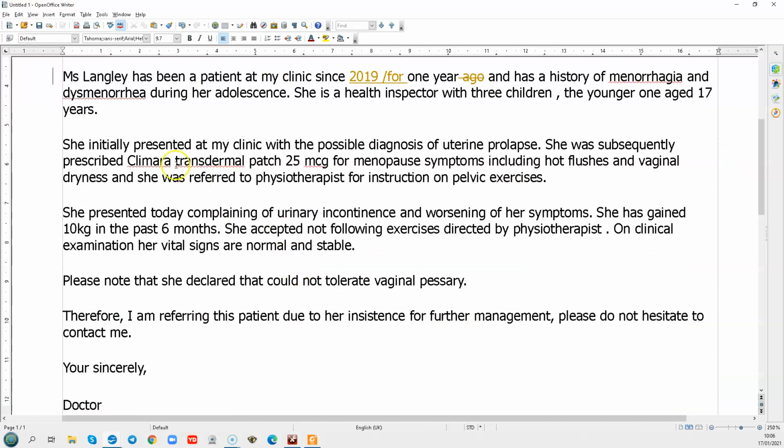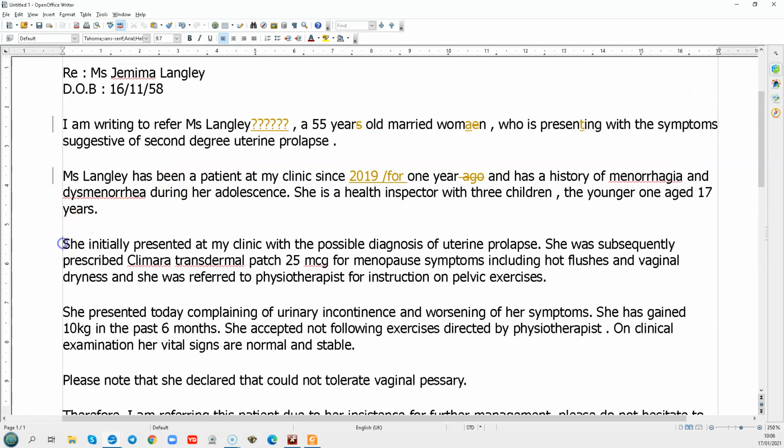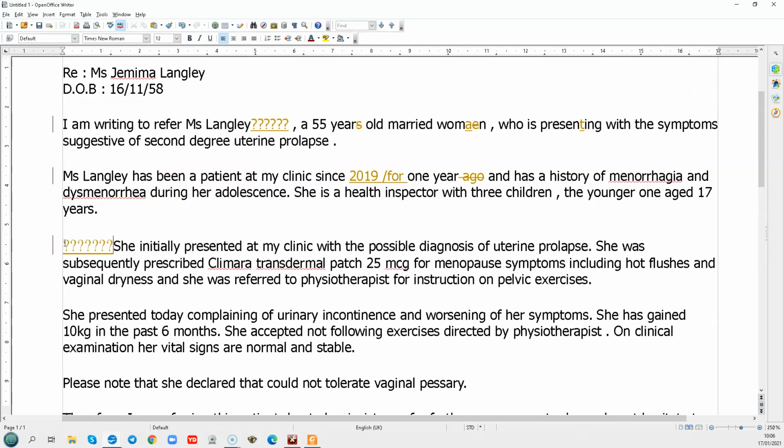So she initially presented at my clinic. Right, date. What is the date? Put a date. Right, and she didn't initially present. Apparently she's been a patient with you for a year. So you can see my confusion. So did she initially present with this particular problem?